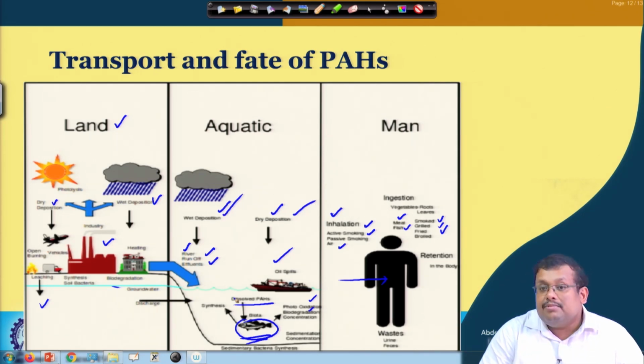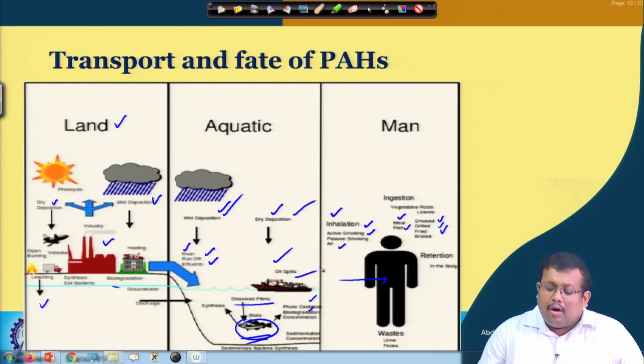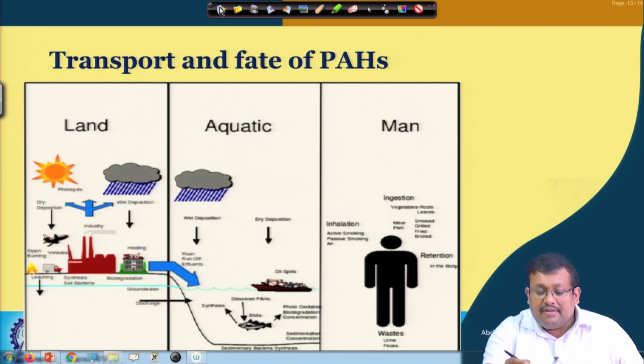Wet deposition and dry deposition are other sources, and different types of oil spills from tankers or petroleum rigs can also occur. So, these are some of the sources. As far as human consumption is concerned, inhalation and ingestion are the major routes through which PAHs are transported inside our body.